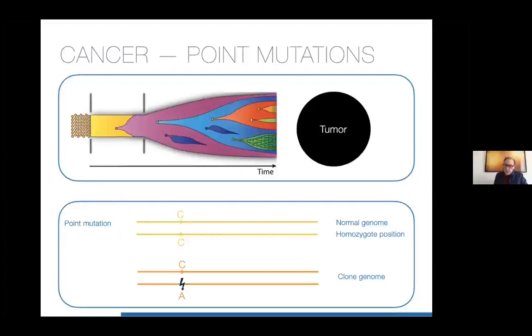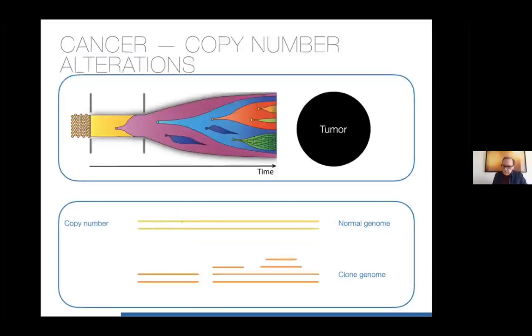For point mutations, I want you to think about the normal genome: there are 2 copies of each chromosome in general, and we typically have homozygous positions, so both copies have the same value in any position, A, C, G, or T. And then a point mutation is simply one of these, in this case this one, being altered and becoming another nucleotide. So that's a point mutation, a nucleotide substitution.